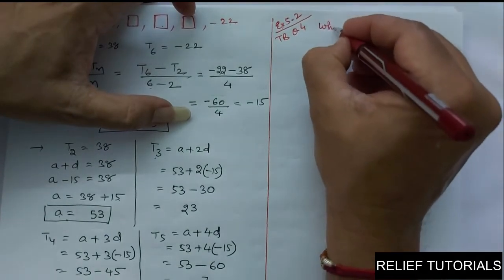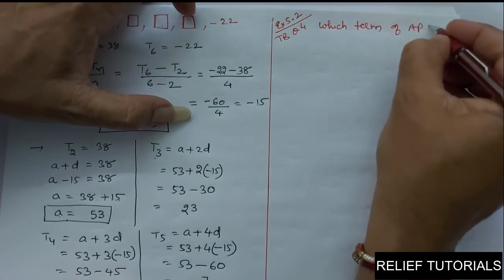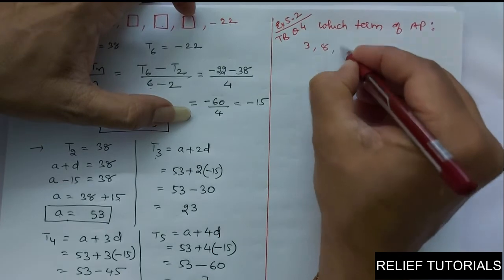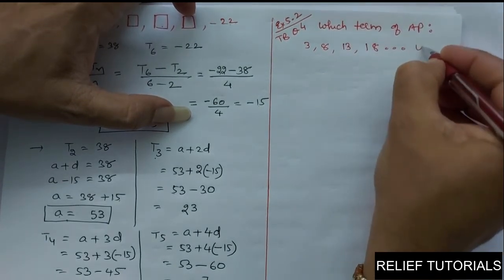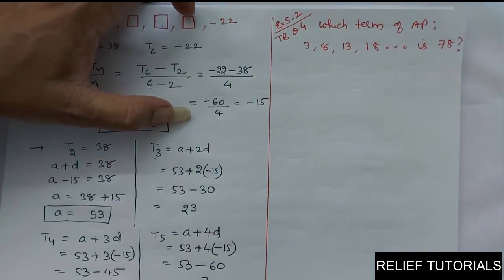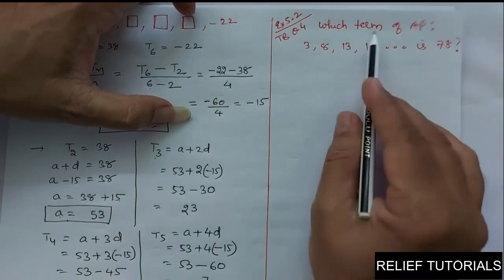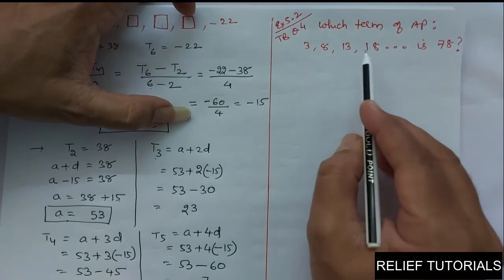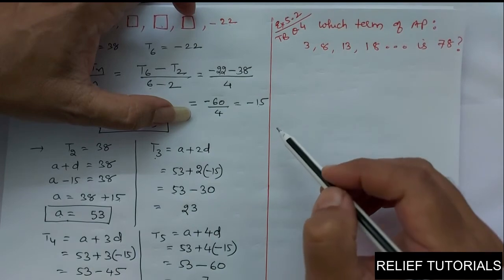Here the AP given is 3, 8, 13, 18, and so on, and which term of this AP is 78? This is the question. This is the first term, this is the second term, this is the third term, this is the fourth term. We don't know which term is 78, so let it be the nth term.